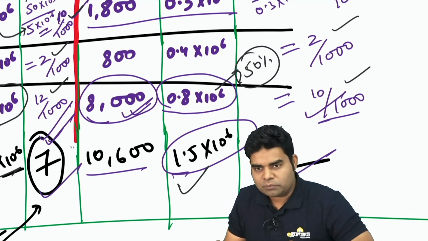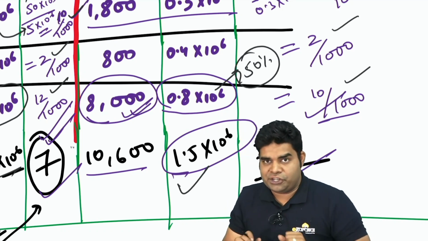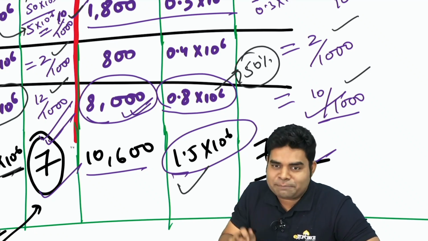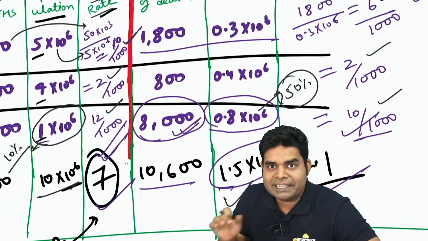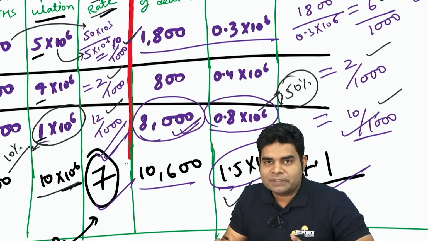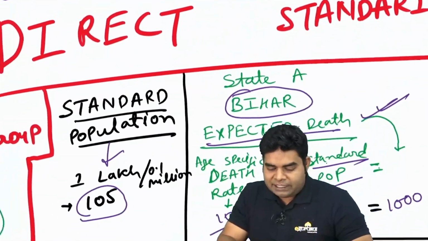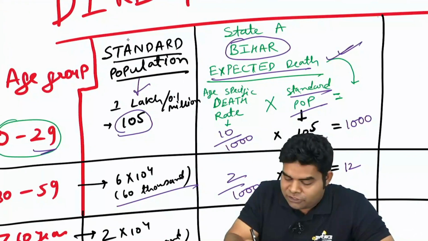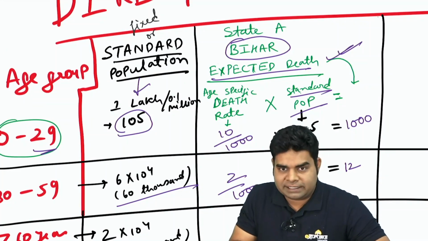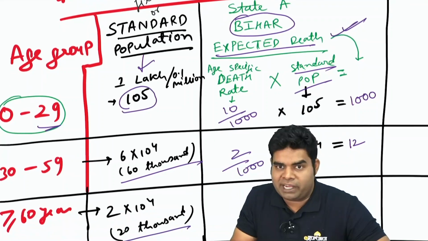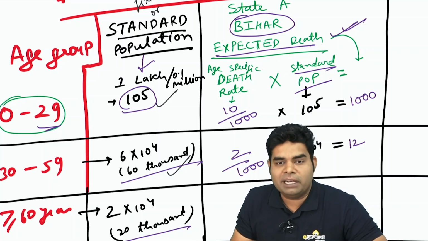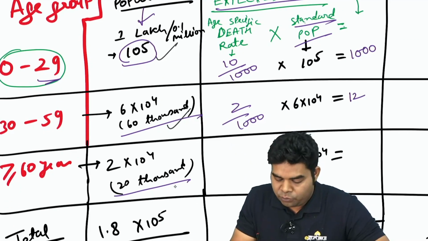Usually they give this much data to you and then ask you to do the direct standardization. For direct standardization, we just have to multiply the age specific death rate which we have calculated with any fixed population. Let's take the fixed or standard population which we have like this: between 0 to 29 we have 1 lakh people, between 30 to 59 we have 60,000 people, and more than 60 years we have 20,000.